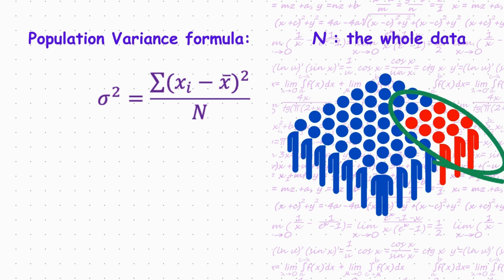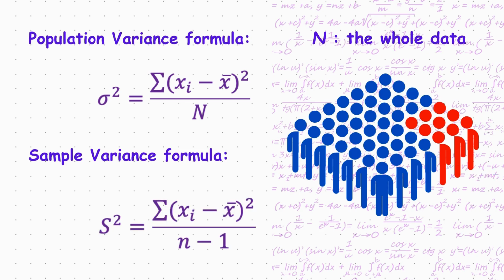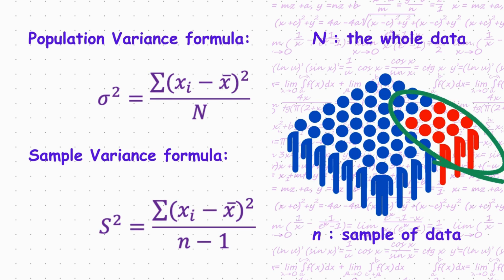Therefore, in that case, we will call it the sample variance formula, and we will show it with S squared just to make it different from sigma. Then the formula would be like this with a slight change in the denominator: instead of the whole number of the data, we will have n minus 1, where n, small n, is the sample size of the data.